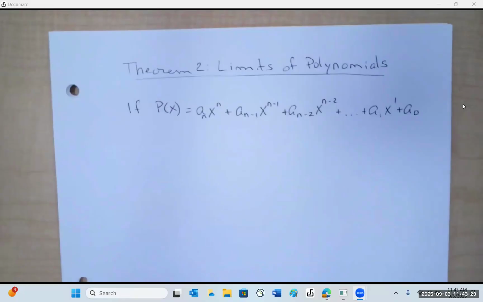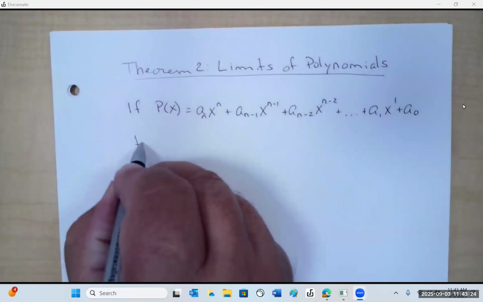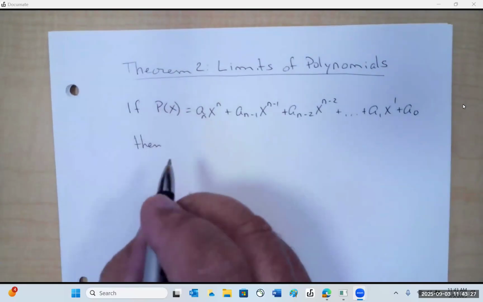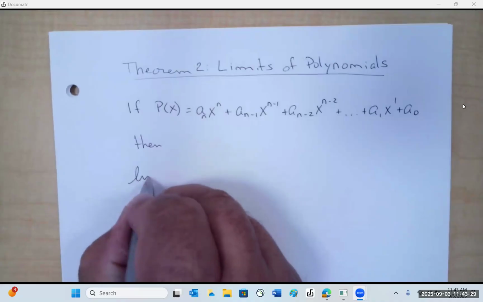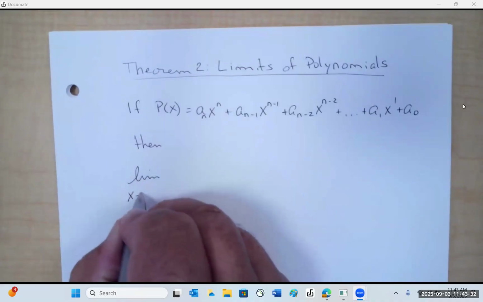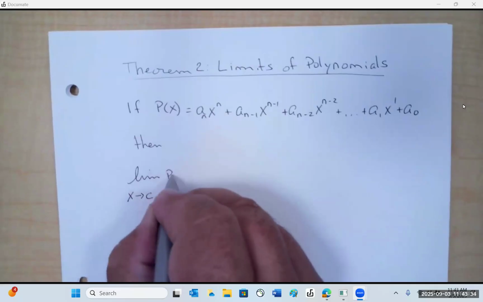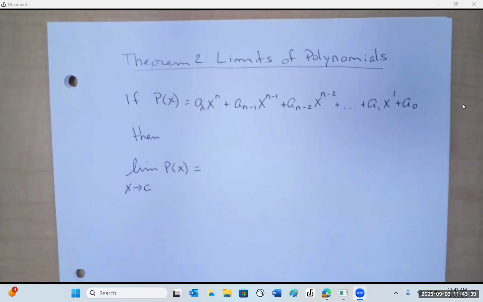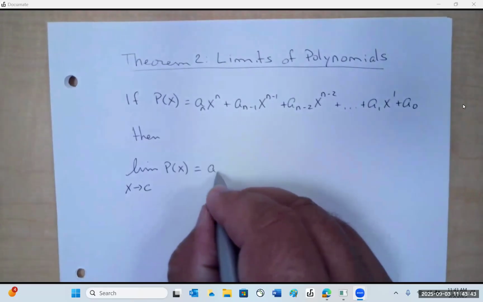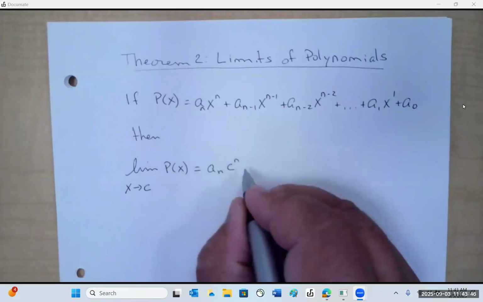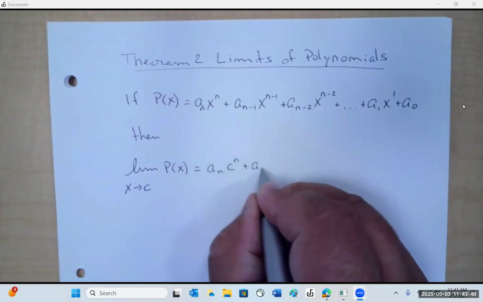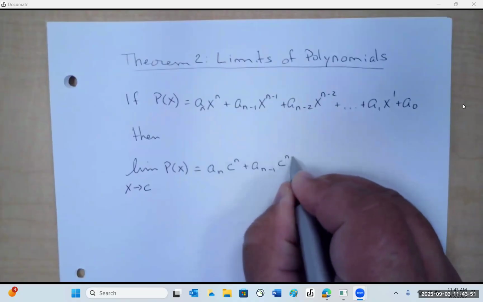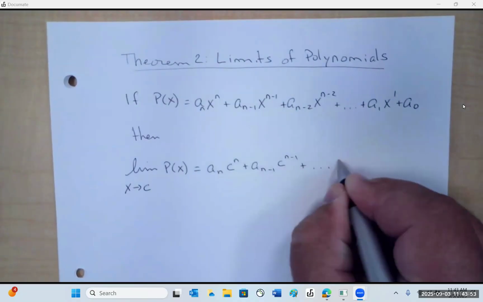If we have any general polynomial, then the limit of that polynomial as X approaches C would equal what? A sub N, C to the power N, plus A sub N minus 1, C to the N minus 1, and so on and so forth.